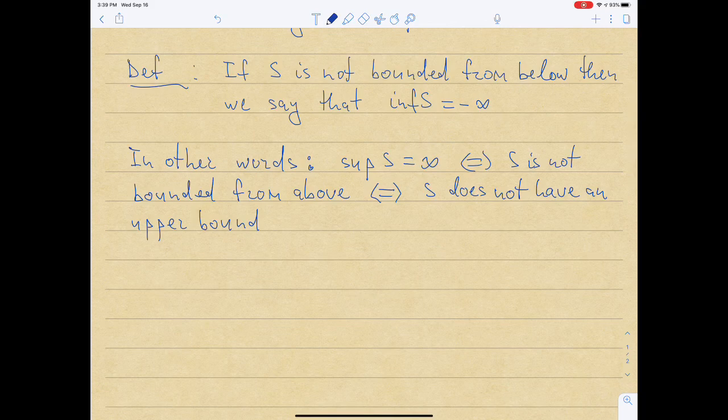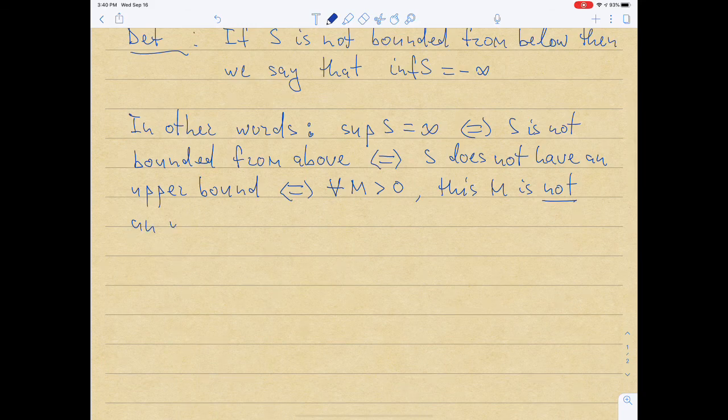Okay, so if it doesn't have an upper bound, then what does that mean? It means that for any real m, but we'll say for any m that is greater than 0, this m is not an upper bound on S. What does it mean that the number m is not an upper bound on S?